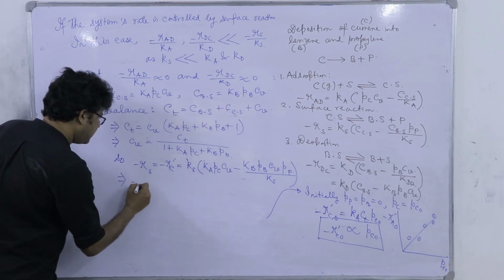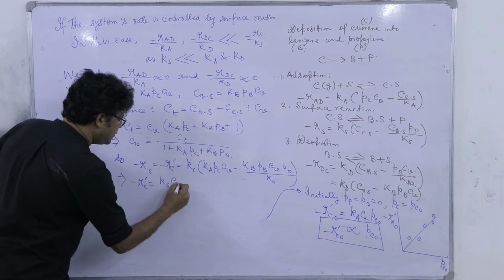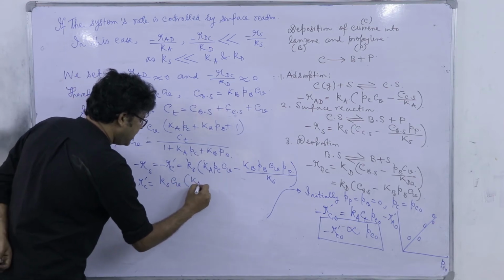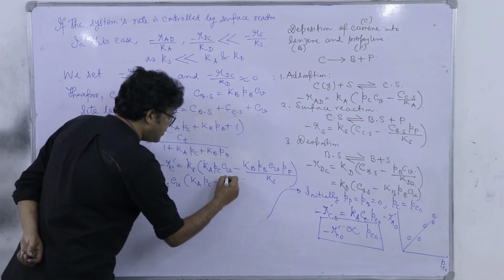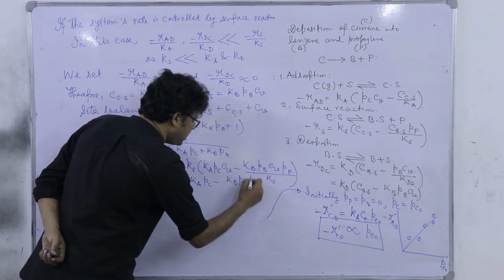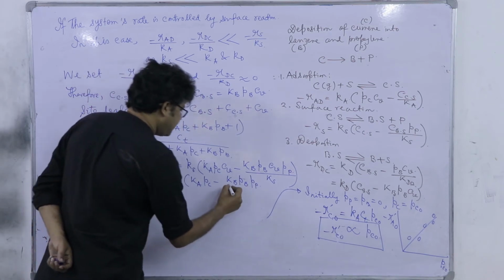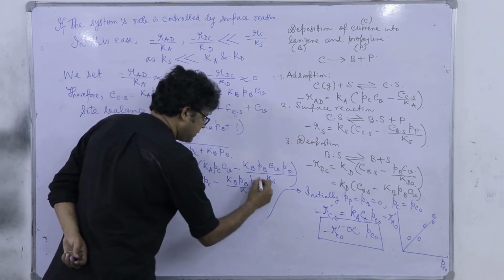So, we have minus of Rc prime equal to Ks into Cv times Ka Pc minus Kb Pb Pp divided by Ks.